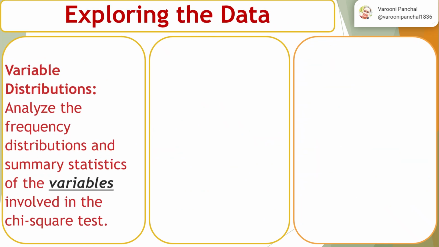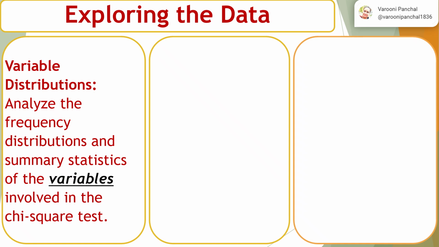Exploring the data, variable distributions. Analyze the frequency distributions and summarize statistics of the variables involved in the chi-square test. So if you want to understand the data properly, the first thing is you need to dig into the structure of the data. Once you have understood the structure of the data and importing it from the database, the next thing is to analyze the summary statistics.